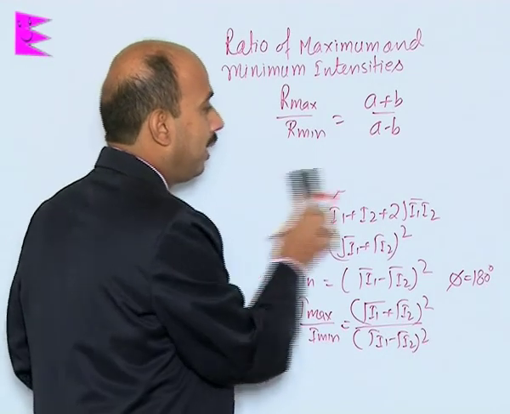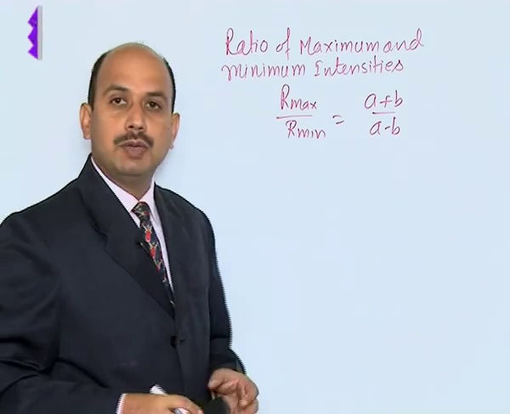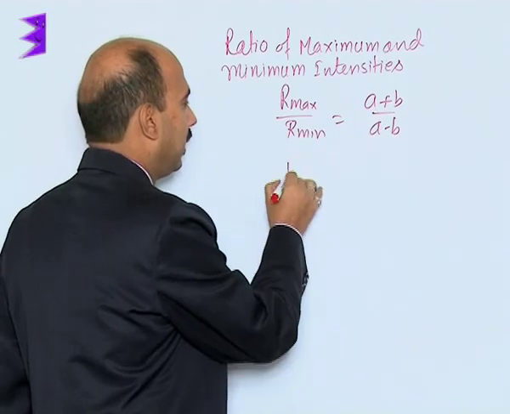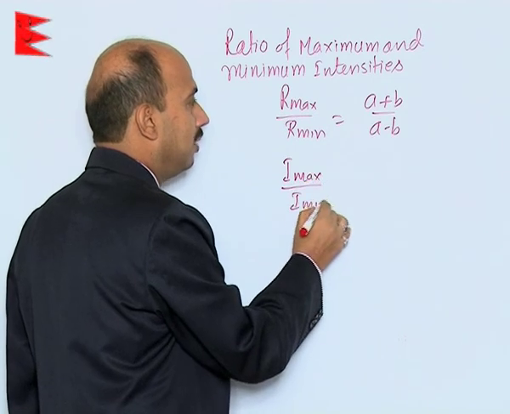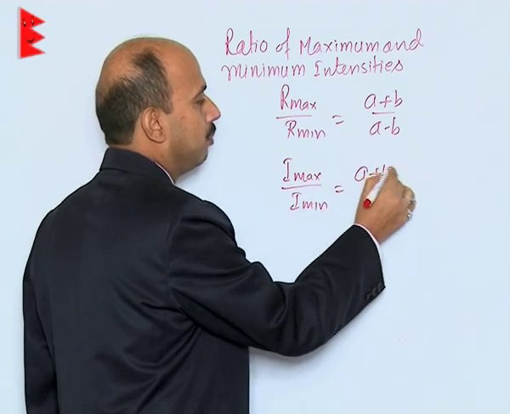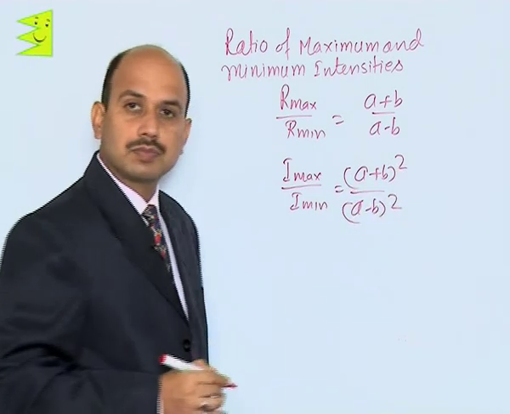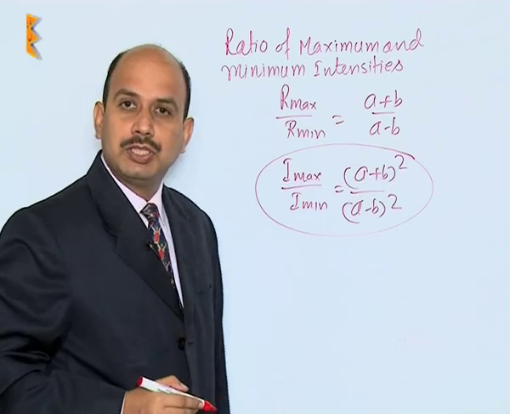If we square both the sides, we will be getting I max upon I min is equal to A plus B whole square upon A minus B whole square. So, this is one relation in terms of amplitude.